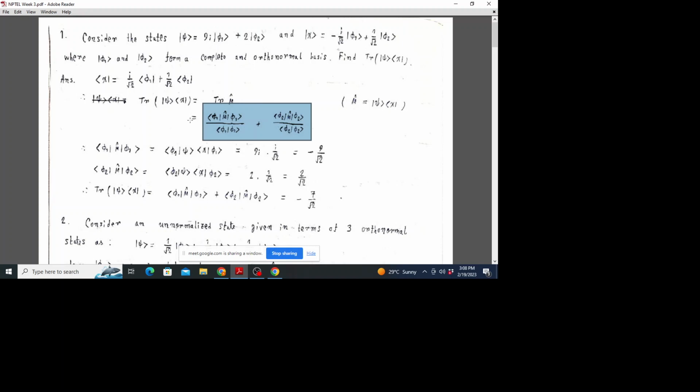You take the expectation values with respect to the basis states that form the complete and orthonormal basis, and then add them up. The denominator terms are for normalization. So the kets with respect to which you are taking these expectation values have to be normalized.